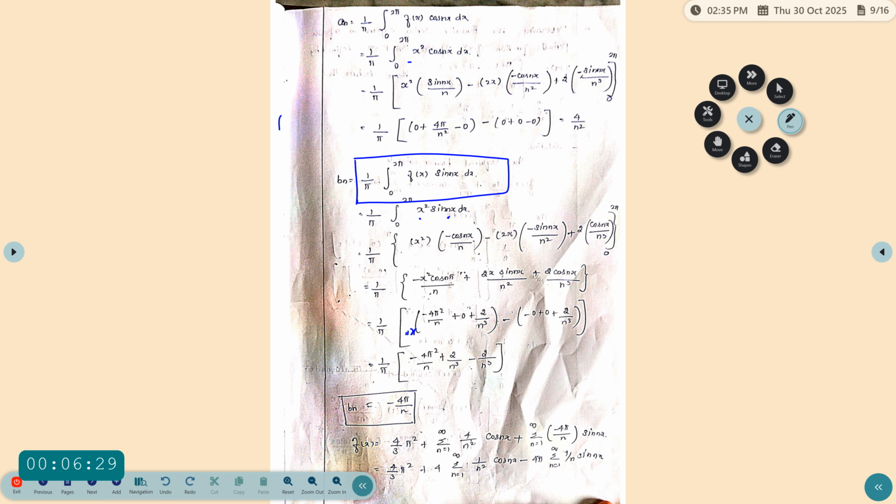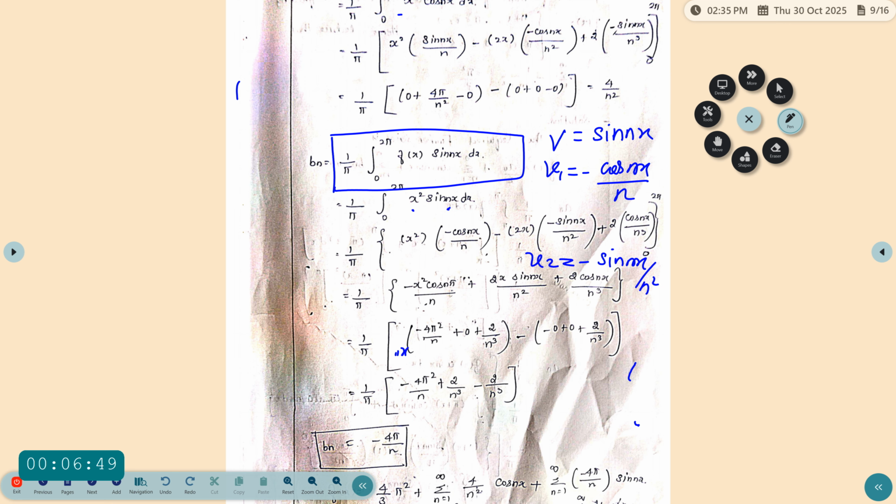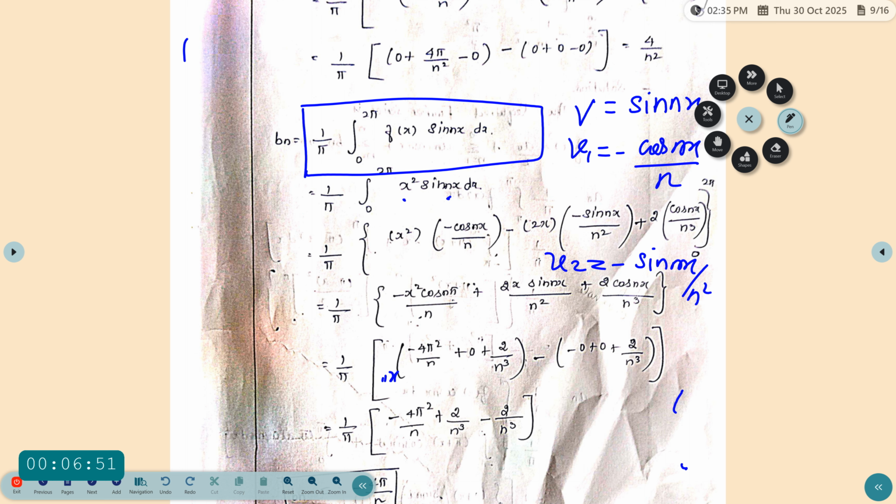V equal to sin nx, V1 is minus cos nx by n. V2 is minus sin nx by n square. In this way we can expand. So u into V1 minus u dash into V2 plus u double dash into V3.